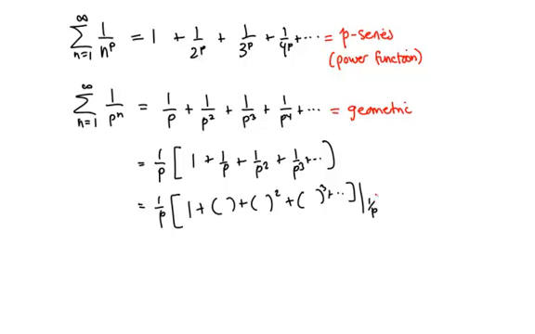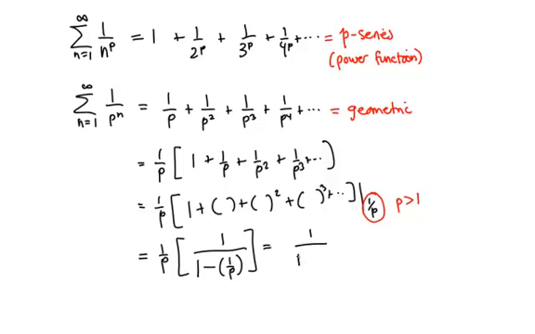So as long as this fraction is less than 1, which means that p is greater than 1, then we know that this series sums to the geometric series function 1 over 1 minus blank, evaluated at 1 over p. So if we distribute the p through, we're going to have 1 over p minus 1. So on a geometric series, we can actually work out the sum every single time. On the p-series, well, that's a new math problem for you to solve.